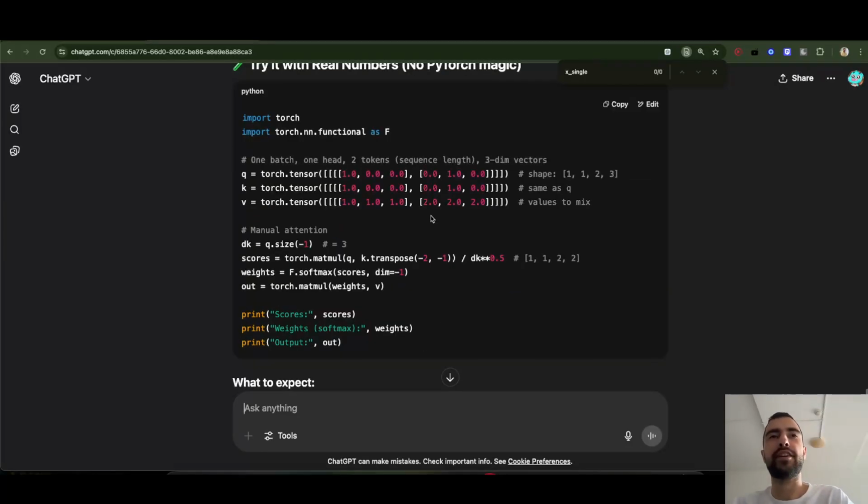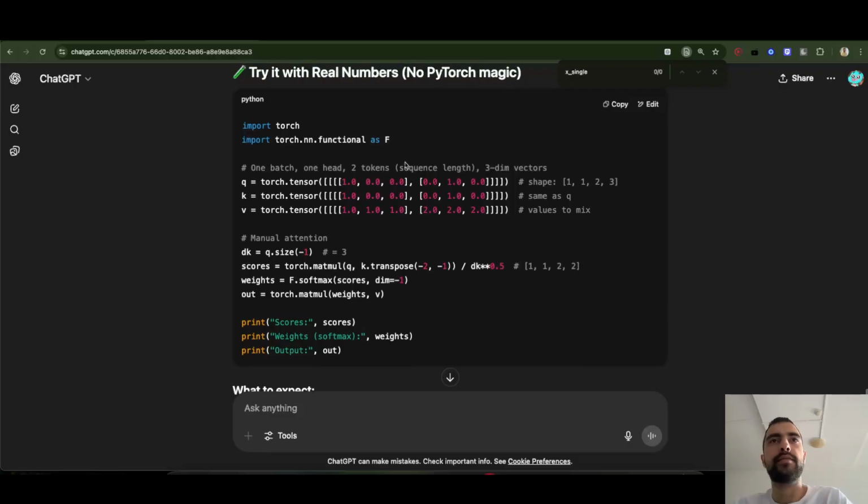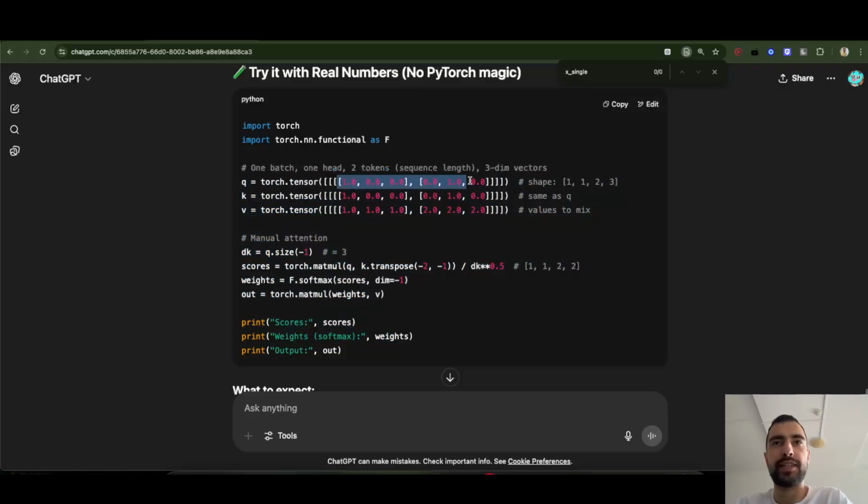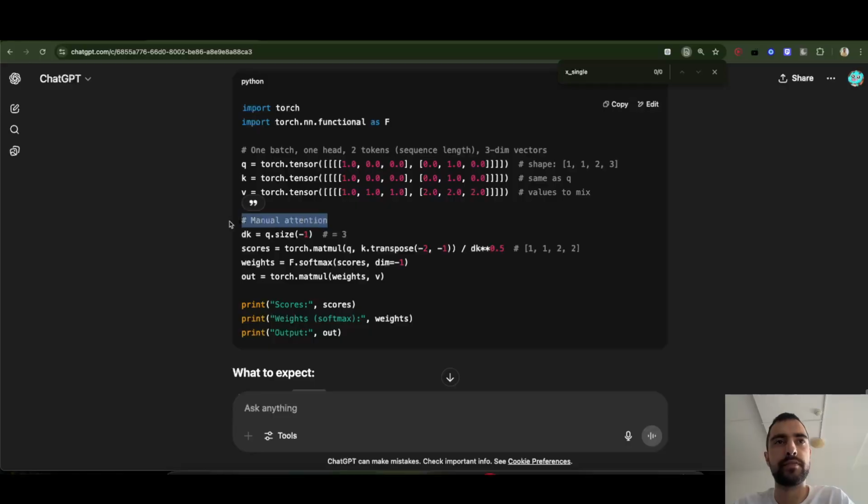Now we can just remind ourselves how the computation of scaled dot product self-attention works. So we have query, which is, let's say, this tensor. Let's say it has one batch, one image. Sorry, this is one head. This is 2 patches, and every patch has 3 numbers, 3 features, 3 channels. So for manual attention, we need to get the dimension of the Q vector and then calculate the score.